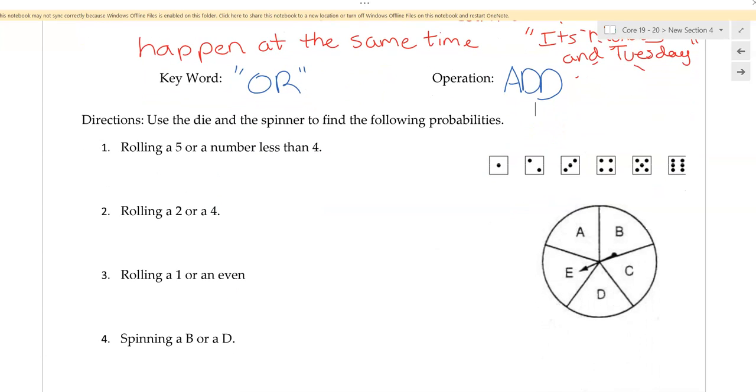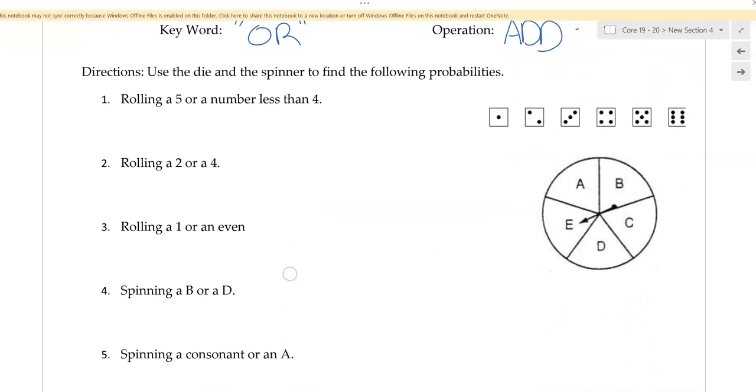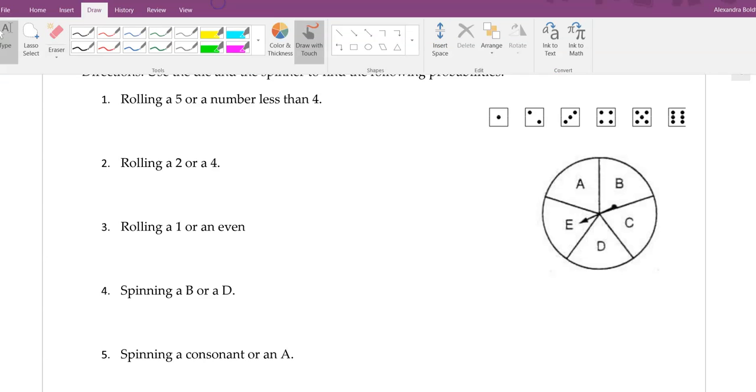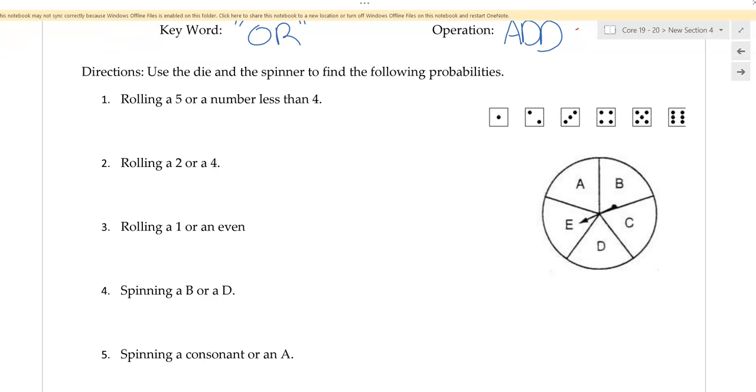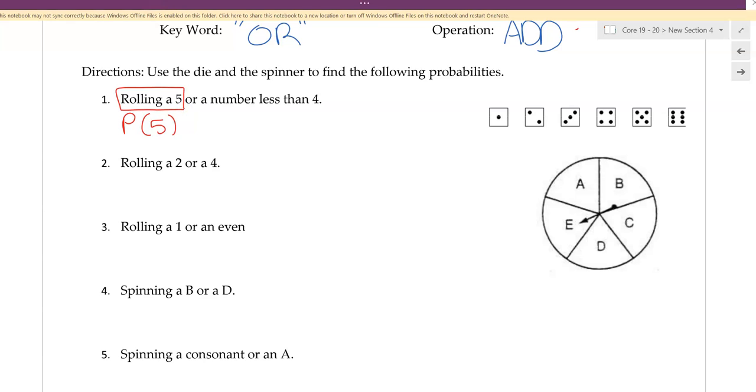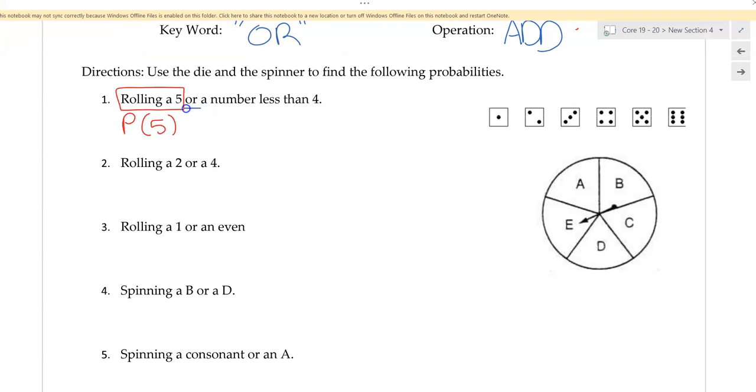All right, we are going to use the die and the spinner to find the following probabilities. Rolling a 5 or a number less than 4. So again, this is going to be the probability of getting a 5, or tells us to add, and then I'm going to find the probability of a number less than 4.